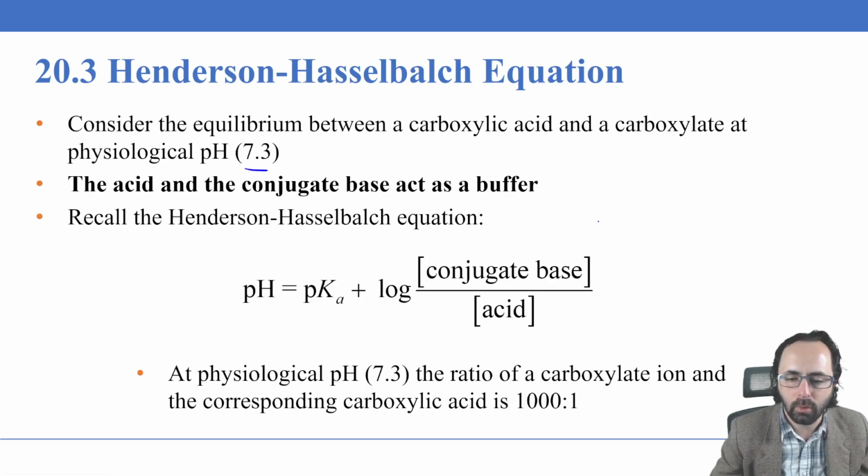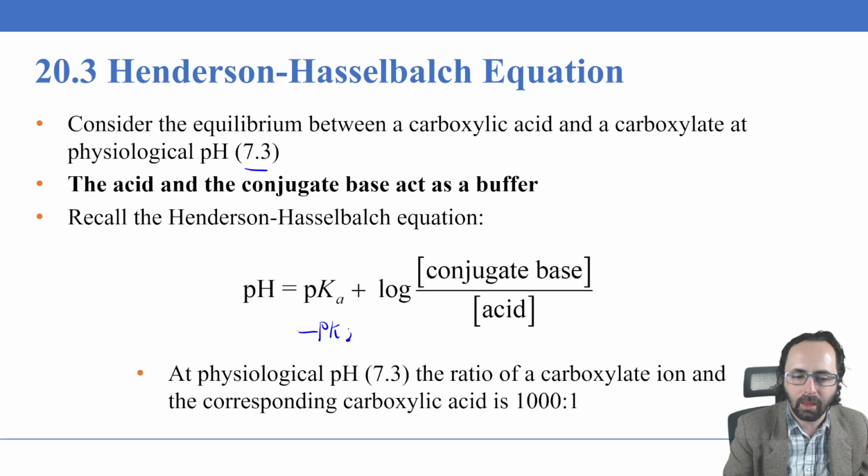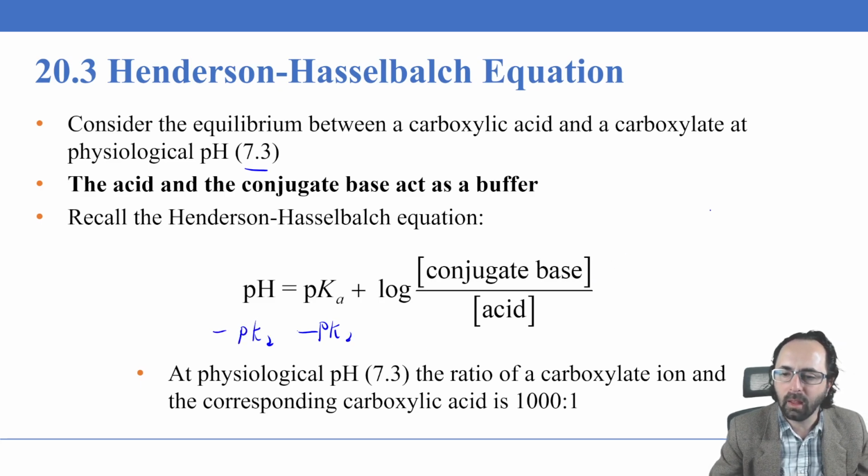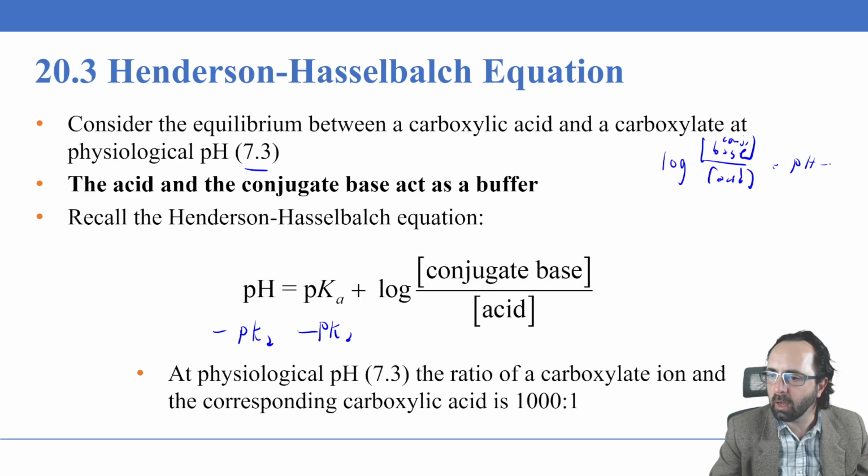We will rearrange this equation by subtracting the pKa from each side. Okay, and then we'll get that the log of the conjugate base over the acid concentration is going to be the pH minus the pKa.